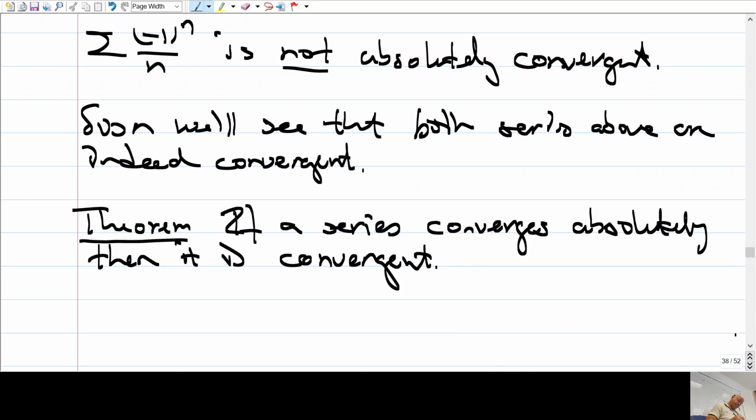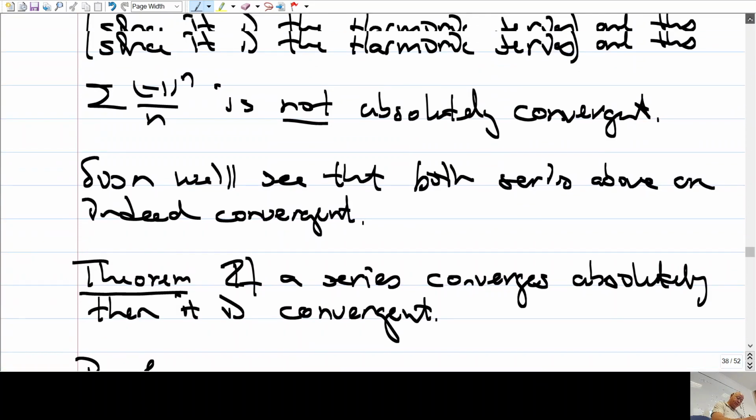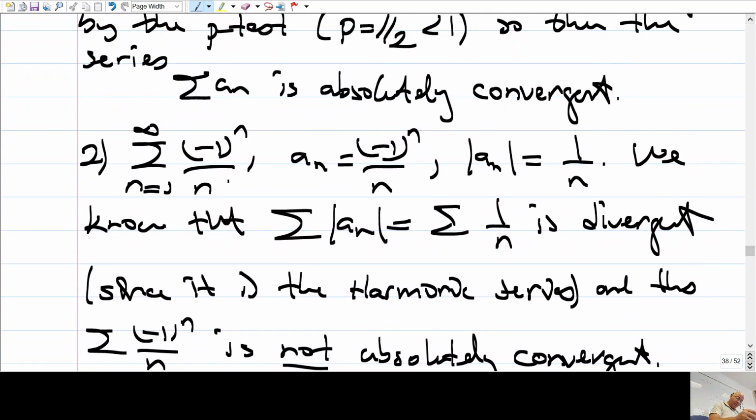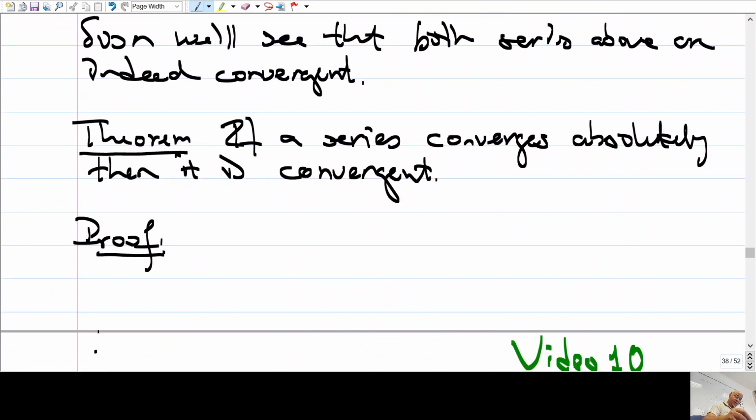Now let's see the proof. And we have seen above that the converse is not true, right? We have a convergent series which is not absolutely convergent, and we will show that it is convergent soon.